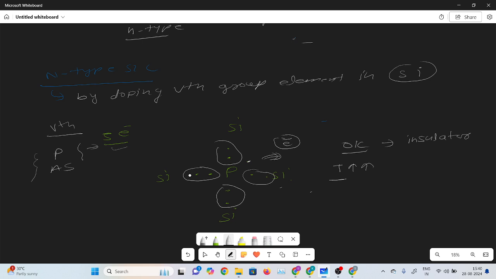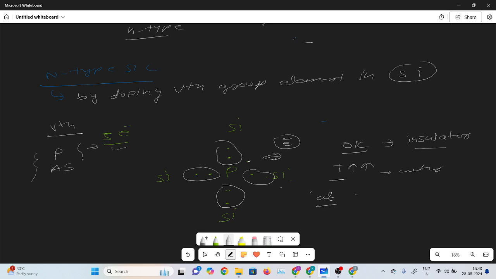That thing does not happen in the intrinsic. So this electron is right now not free, but if we increase the temperature, this electron will be free. So at 0 Kelvin it is an insulator, and if we increase the temperature, it behaves as a conductor. It is observed like that at room temperature.